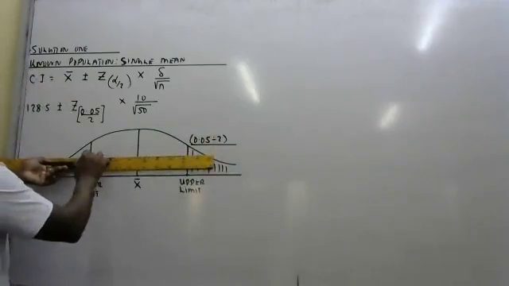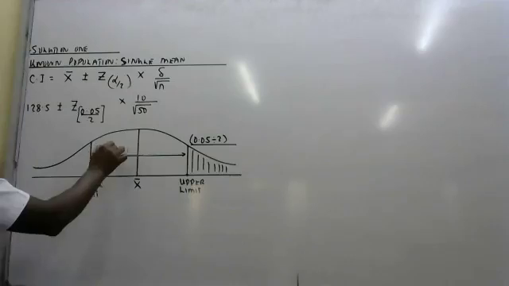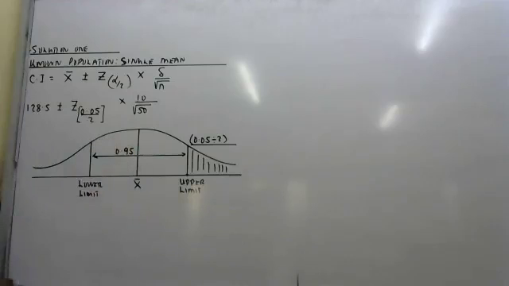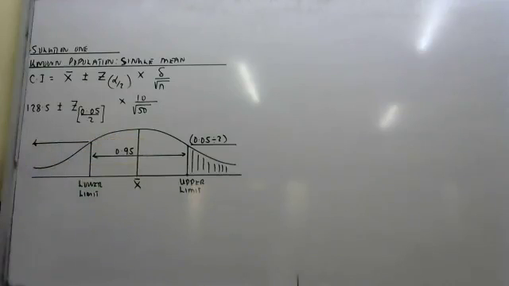And the whole of this is 0.95. That is 95%. And then the whole of this is 0.05 out of 2.